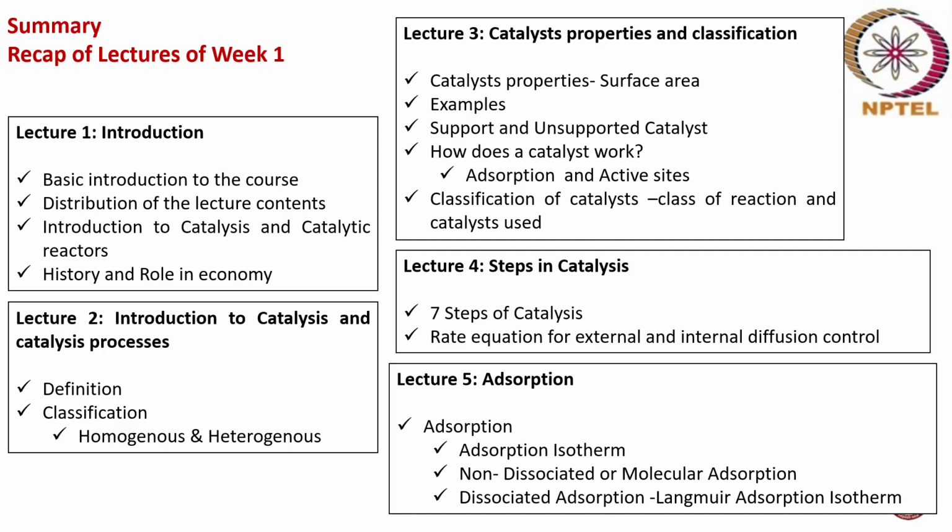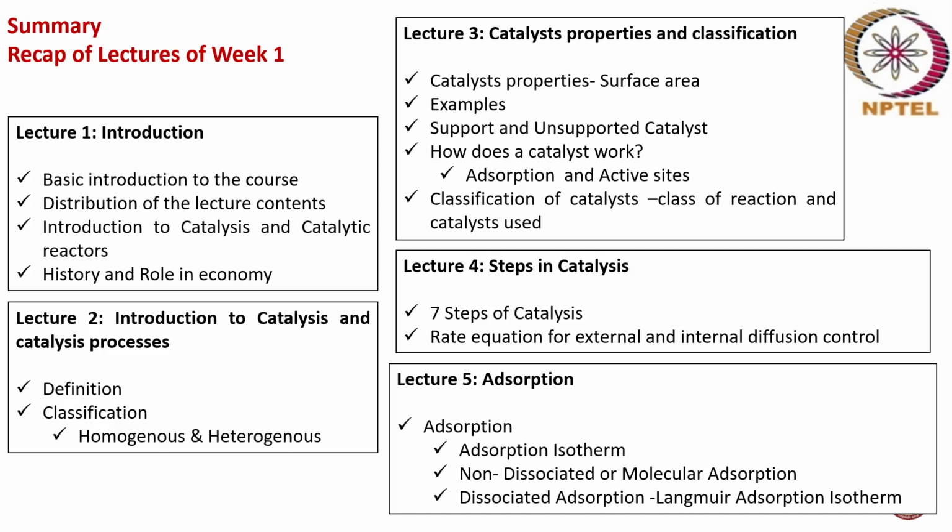So that is one of the examples of a supported catalyst. And then how does a catalyst work? What is an adsorption on the catalyst site, what are the active sites, and then classification of catalysts based on class of reaction and the catalyst used were discussed. Seven steps of catalysis, which involves two external mass transfers.